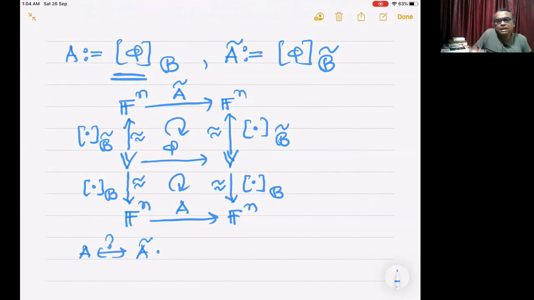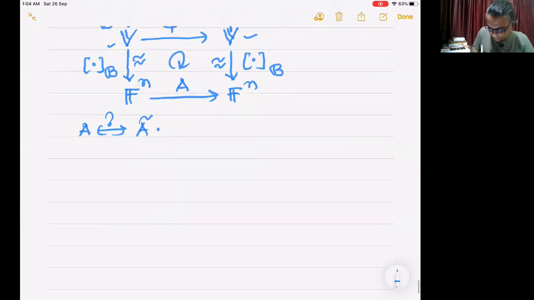But see, this is exactly the same situation as before when we did this with R2. Only thing is that there's this V sitting in between. So why don't we just get rid of this V, and obtain this diagram instead. From here, we obtain F^n, F^n, F^n, F^n.